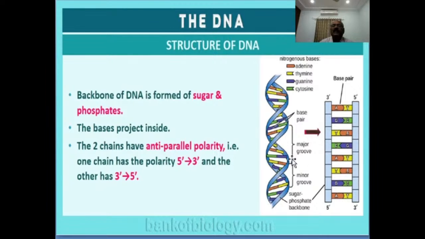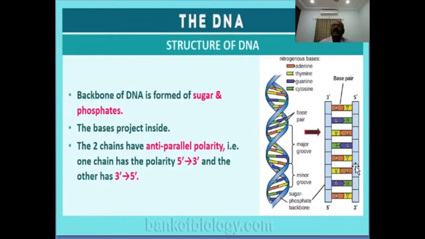You see here, this is the DNA. This is one strand, this is one strand. In this strand, this is the 5' starting point. Opposite to here, this is 3', the ending point.